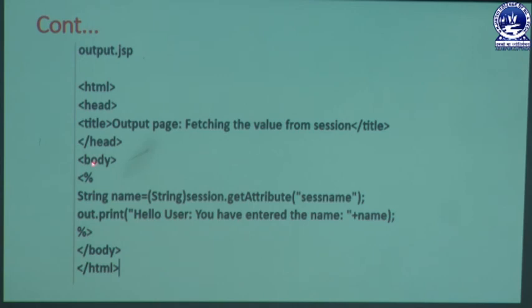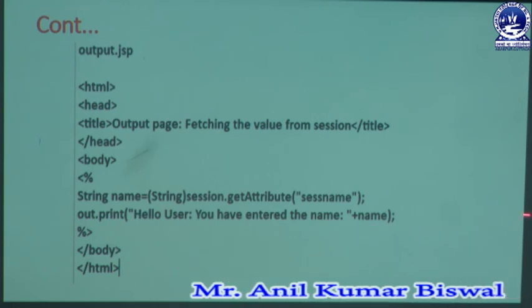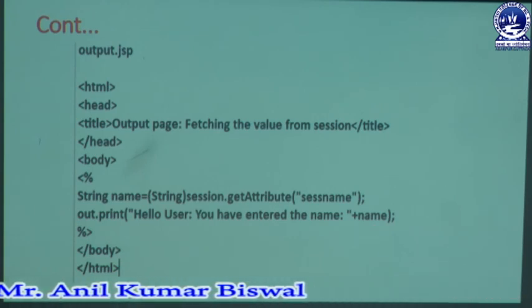Then we close the head section and start the body. In that body we use the scriptlet tag and declare String name. In that name we store the predefined session object set as sesname, converted to string type. Then we print our session name, that means hello user, you have entered this name, which is retrieved from our programming part.